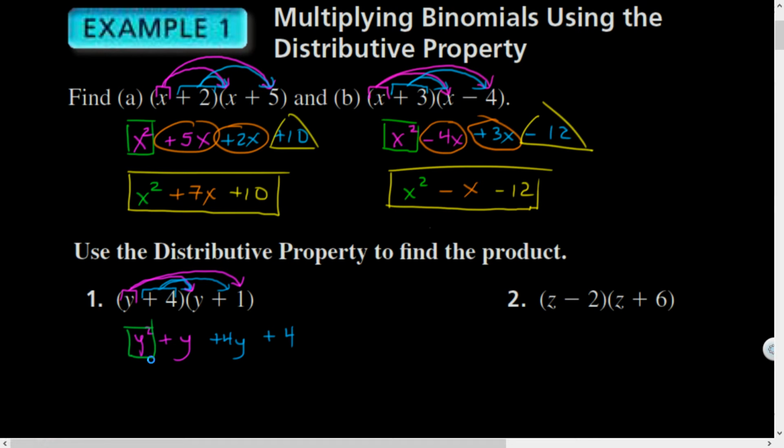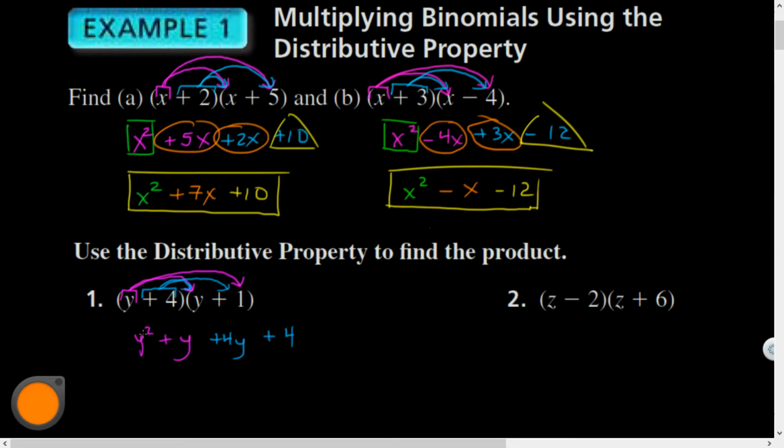Okay, which part? This y? All right, so y times y is y squared. You add the exponents. This y had a little invisible exponent of 1. That y had a little invisible exponent of 1. And y times y is y squared.